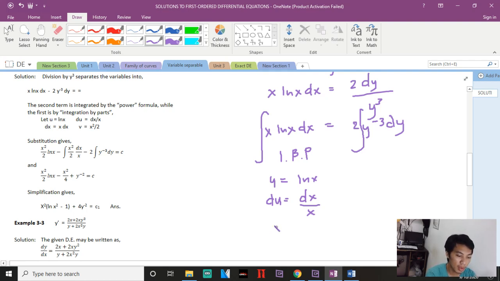So, dv equals x dx. Now, your v will be x squared over 2. Where does that come from? From dv, because your dv is x.